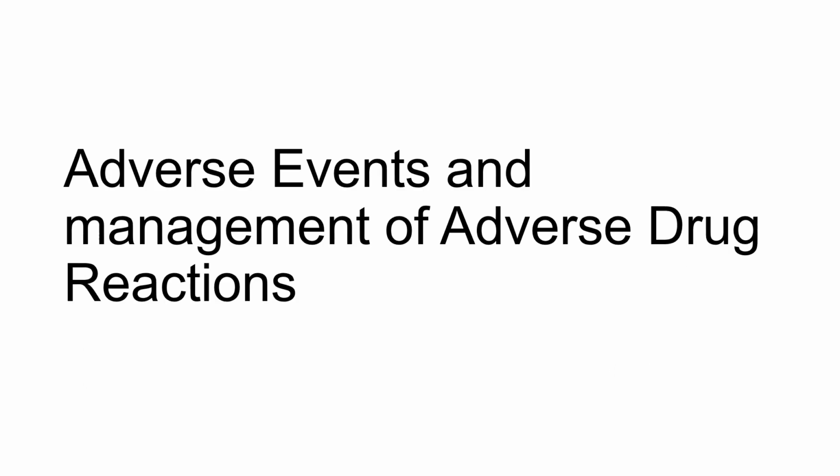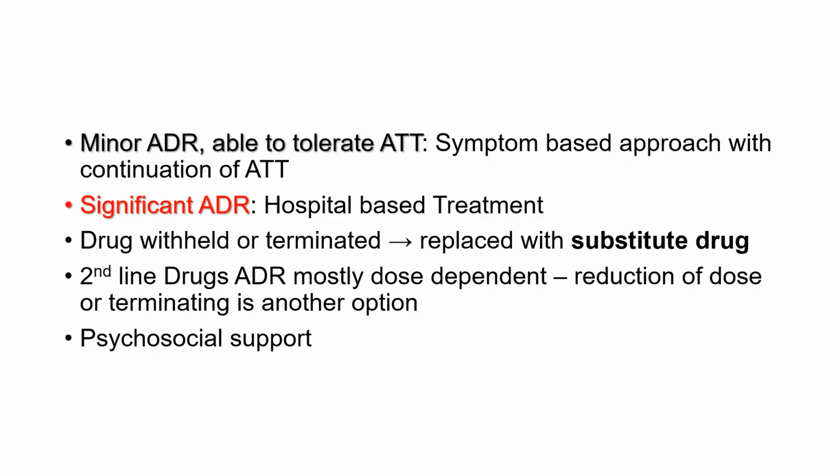So now coming to what are the adverse events and how do we manage those adverse reactions. In case of minor adverse drug reactions in patients who are able to tolerate the antitubercular therapy, we follow a symptom-based approach with continuation of antitubercular therapy. But if the adverse drug reactions are significant or severe, we prefer hospital-based treatment.